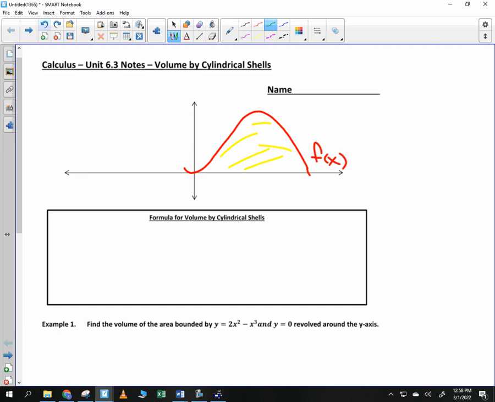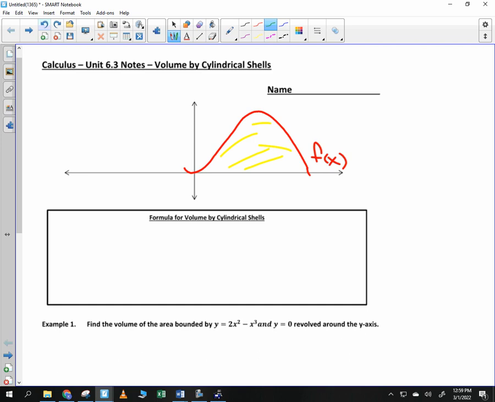This is hard to draw, I'm going to do my best. Anybody ever seen a shell casing from a gun? How it's really thin, right? And it's empty. So whether it's a Russian nesting doll, which doesn't really match with cylindrical shells, or an empty casing, maybe like Tupperware stacking inside of each other, that's the type of thing we're trying to visualize here.